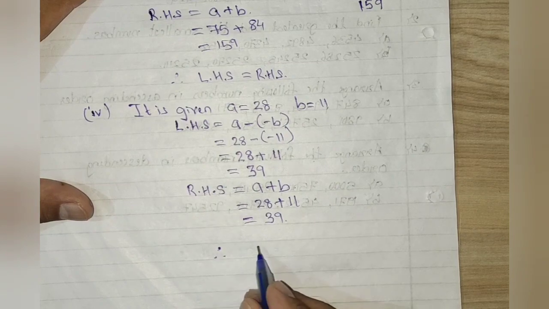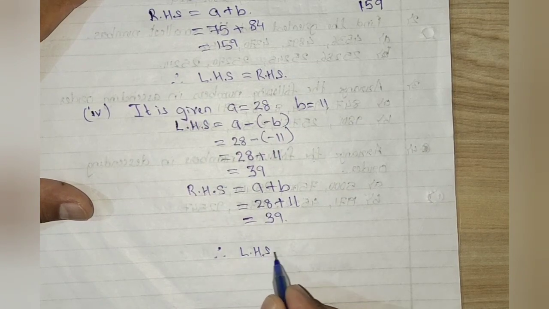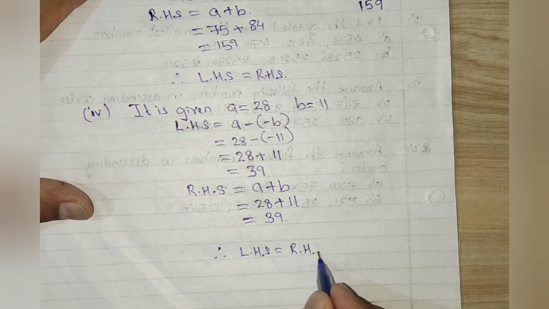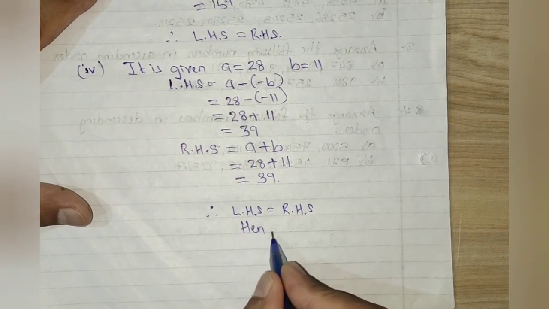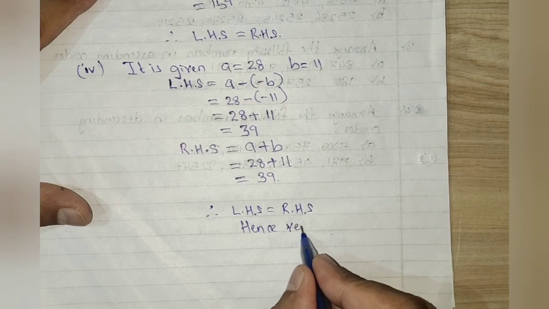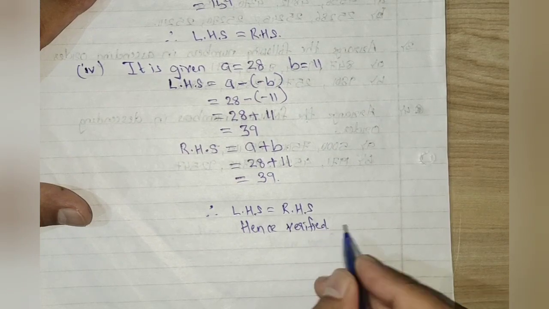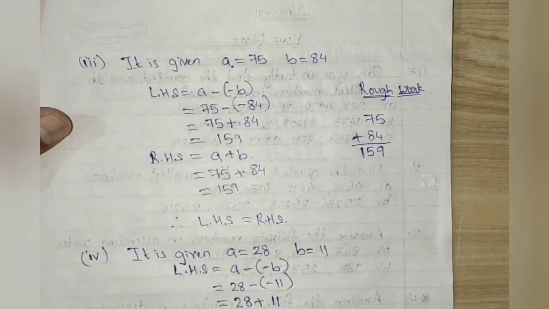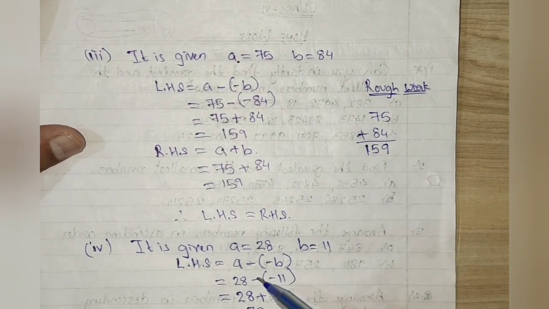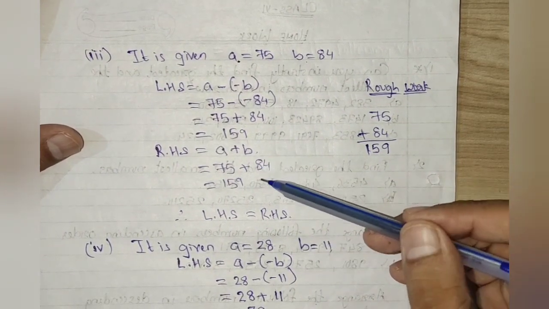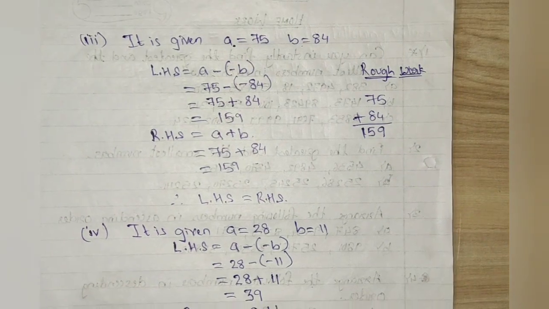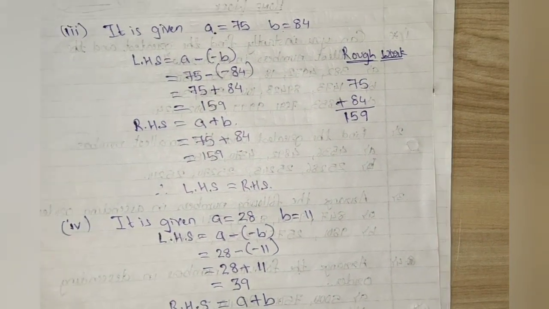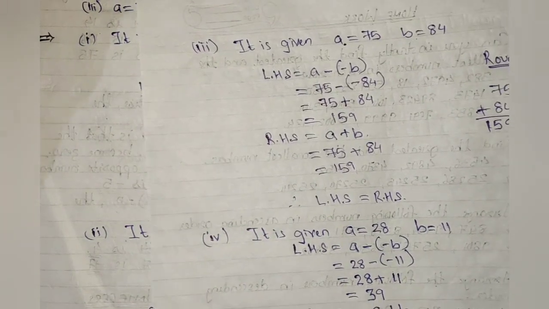Therefore we can say LHS is equal to RHS, and hence we will write hence verified. Students, they asked us to verify if LHS is equal to RHS. If LHS is equal to RHS, we have verified. So we have verified. Hope you all have understood this question. That is question number 8.